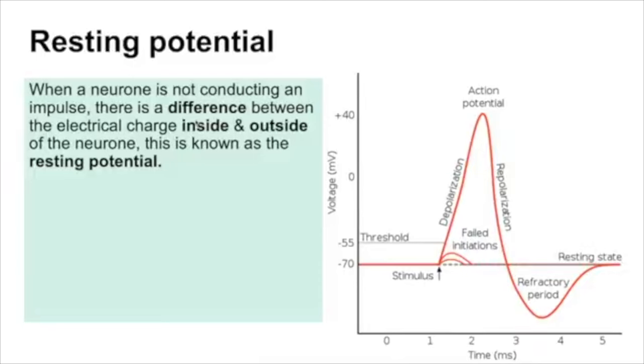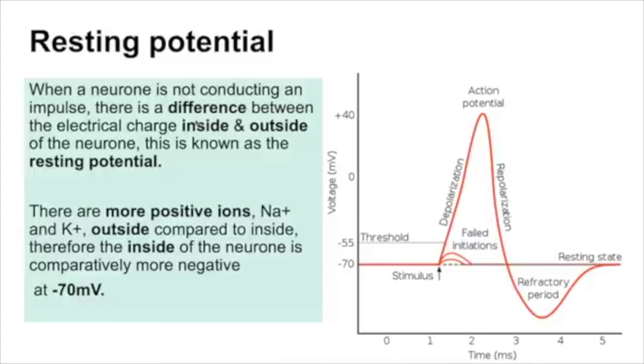And we call that difference the resting potential. There are more positive ions, the sodium ions and potassium ions, outside compared to inside of the axon. And therefore, the inside of the neuron is comparatively more negative. And that is why the resting potential is minus 70 millivolts.